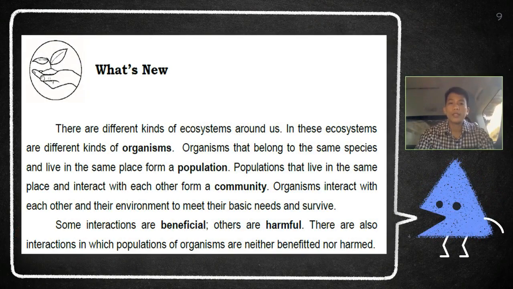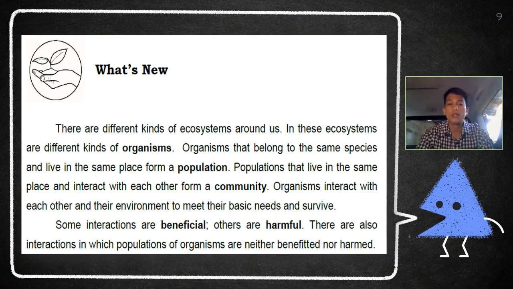There are different kinds of ecosystems around us. In these ecosystems are different kinds of organisms such as humans, cats, dogs, and snakes. Organisms that belong to the same species and live in the same place form a population.